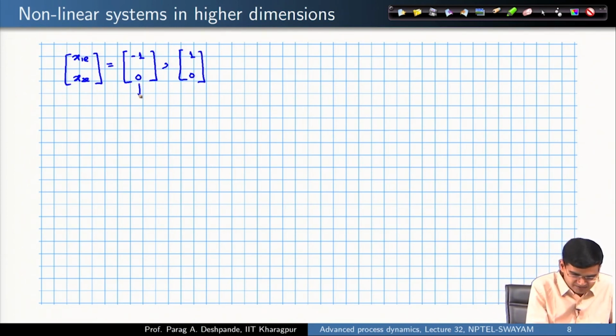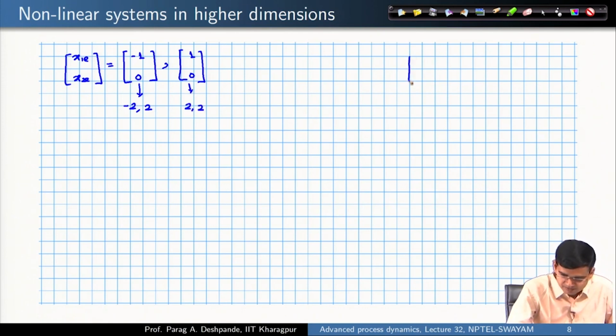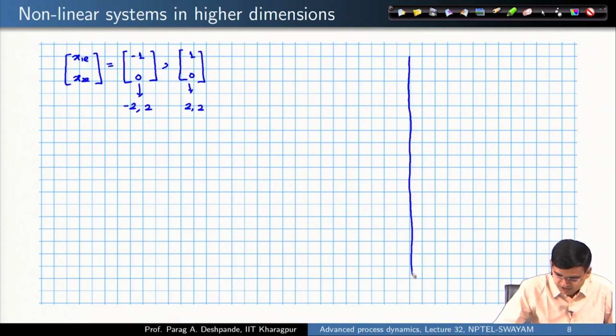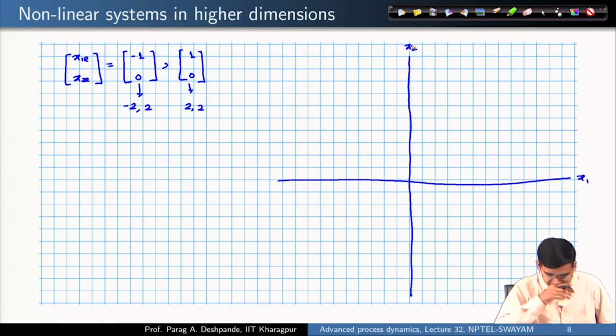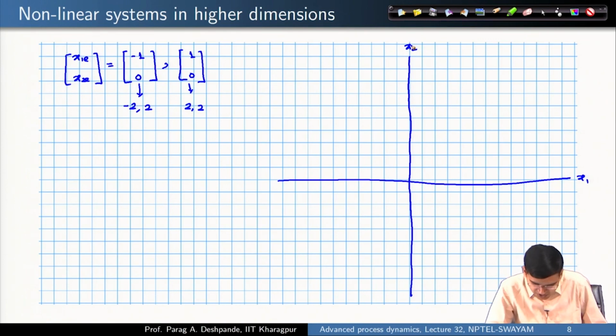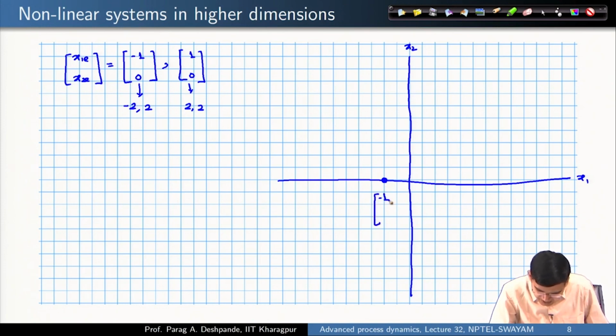For the first, the eigenvalues were minus 2 and 2. For the second, the eigenvalues were 2 and 2. So, let me draw x 1 x 2 here. Now, my first equilibrium solution is minus 1 0, so this is minus 1 0. My second equilibrium solution is 1 0, so this is 1 0.